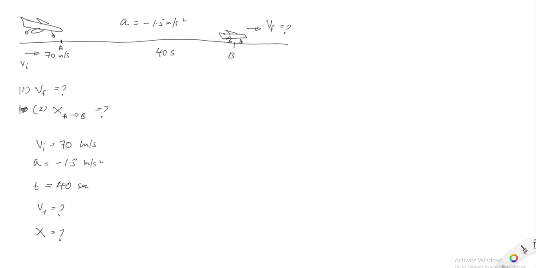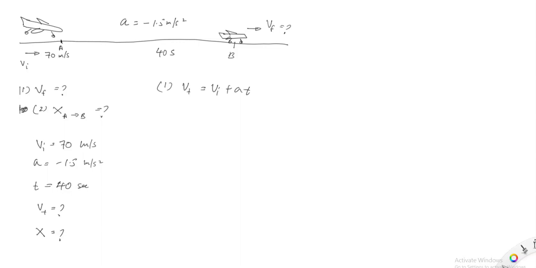By looking at this, the first equation looks like the best option: V final equals V initial plus AT. Now this is what you need to practice. By looking at the information in hand, you need to figure out what should be the best starting point. You can start with other equations also.